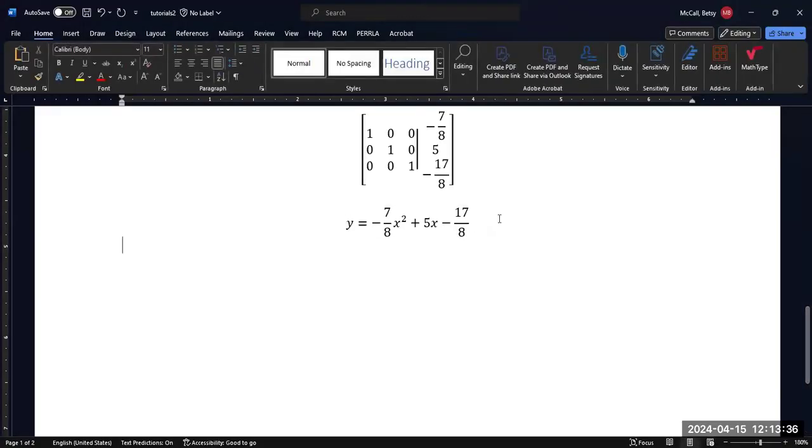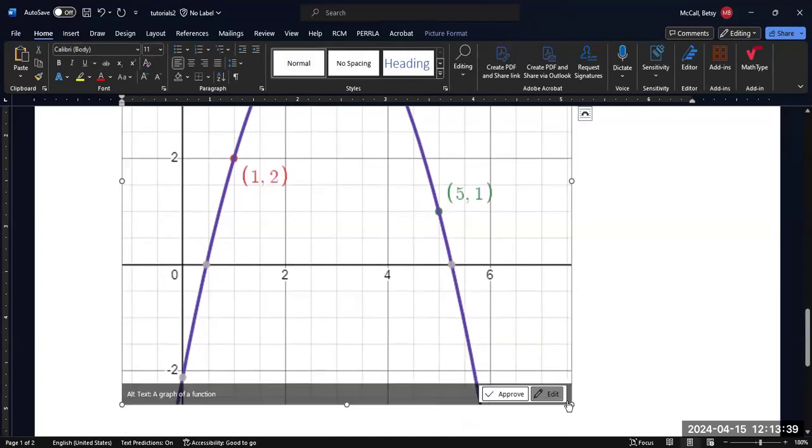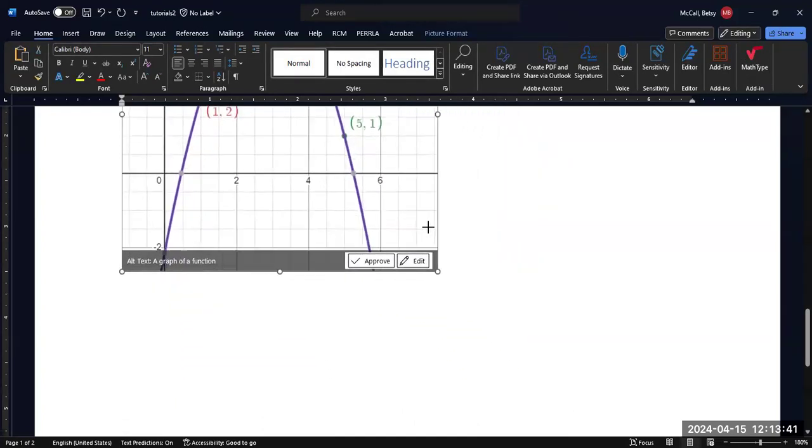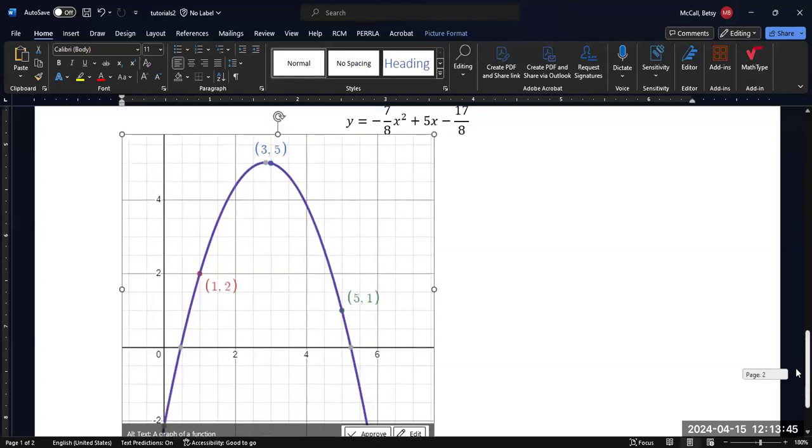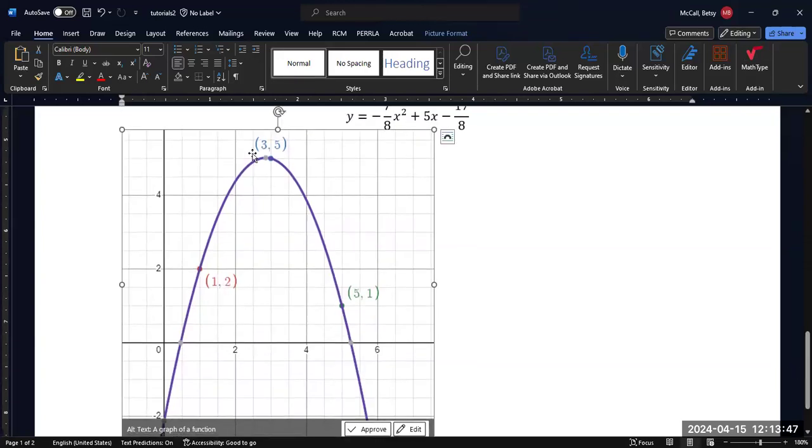And so if we go to Desmos, we can plot all 3 points on our graph, and we can see that, yes, indeed, here are 3 points, and this is the graph of our polynomial that we found, and it does in fact go through all 3 of our points.